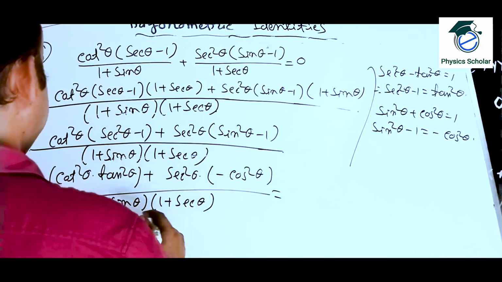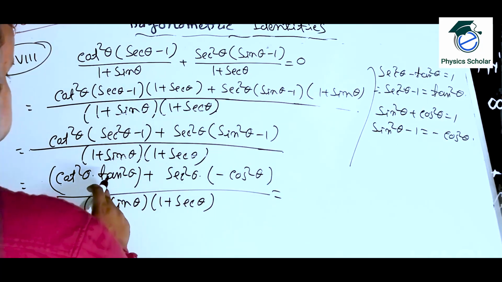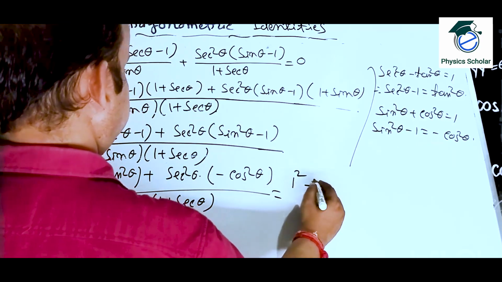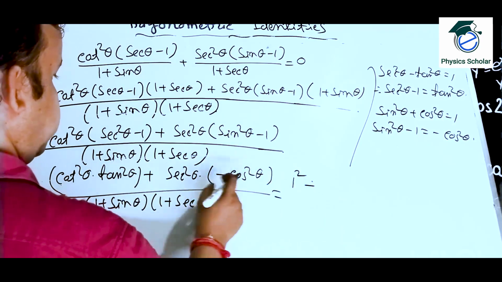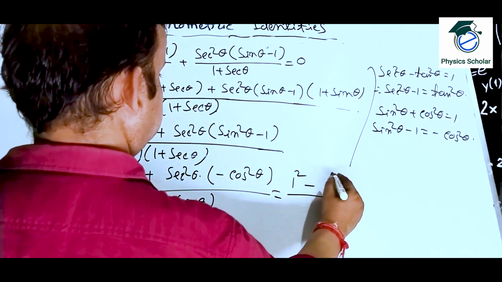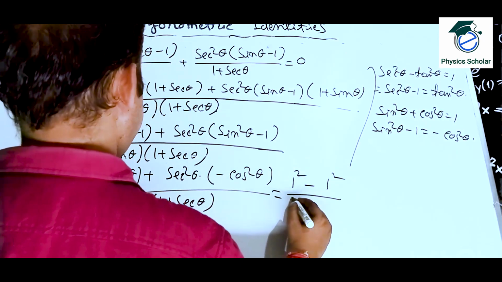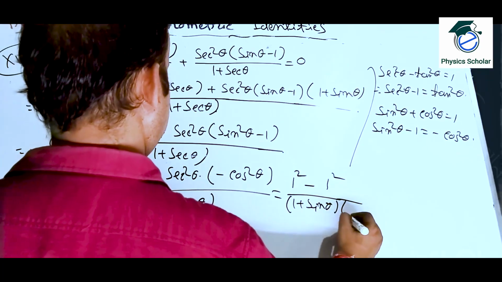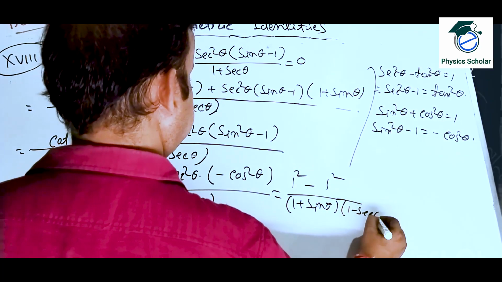So, what we can write now? Cot into tan means what? 1 square, minus sec square theta into cos square theta means also 1 square. Okay, divide by 1 plus sin theta into 1 plus sec theta.